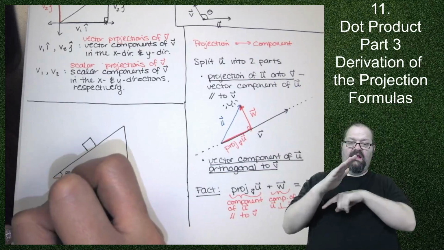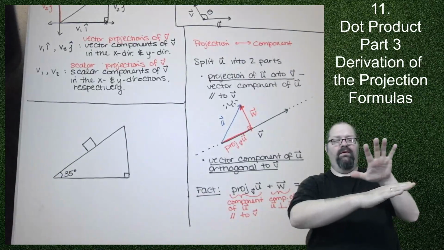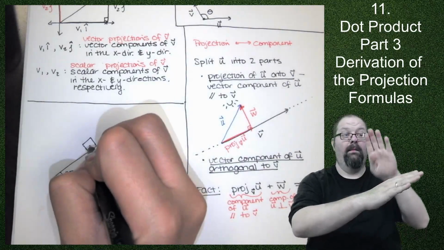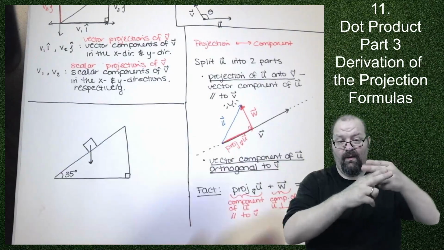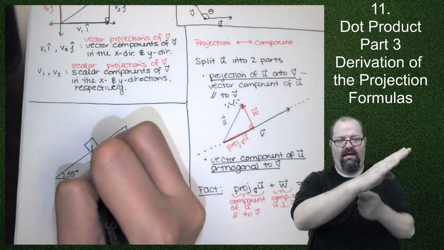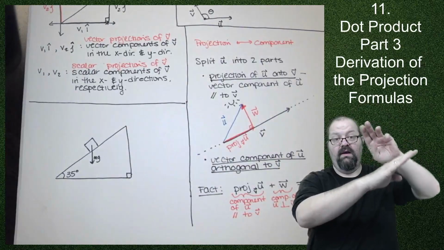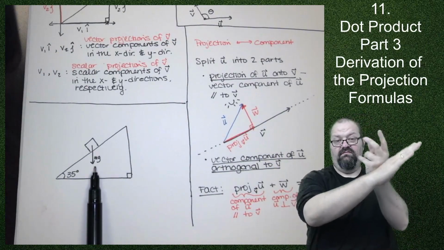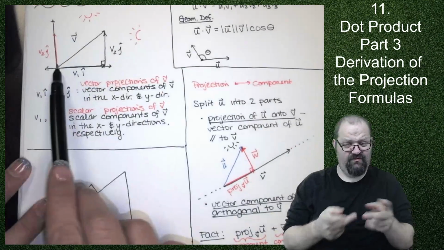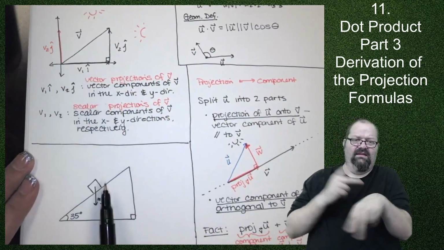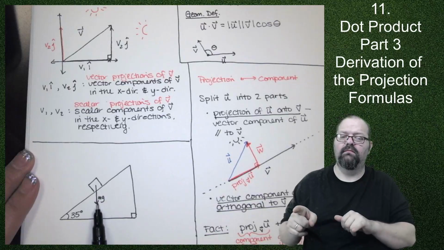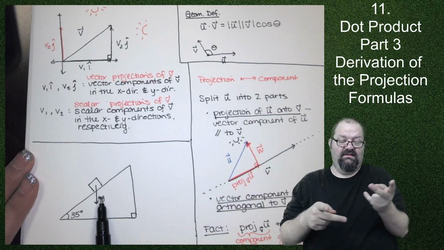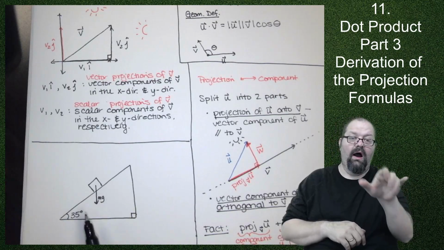Maybe it's like 35 degrees or something like that. And the weight of that box is pulling it straight down. And the weight is mass times gravity. But you say to yourself, yeah, that's really easy to describe in rectangular coordinates in this coordinate system. It's really easy to see that that's just negative mg in the y direction only. But that doesn't help me.